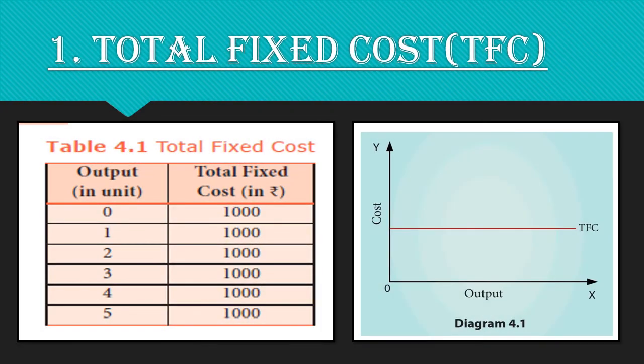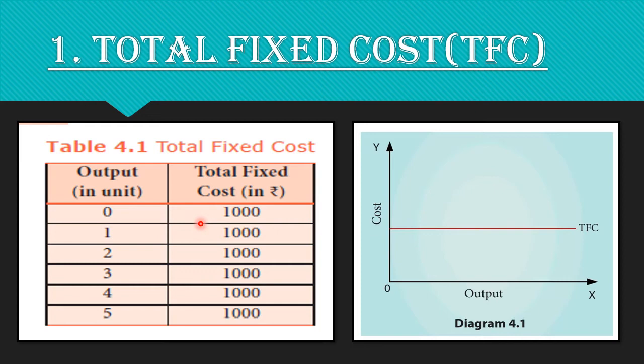So let's start with the first point, that is total fixed cost. As with the name itself, you can understand the cost is fixed no matter what the output is. You can see clearly, when you start a business, you have to invest in fixed assets in the company.